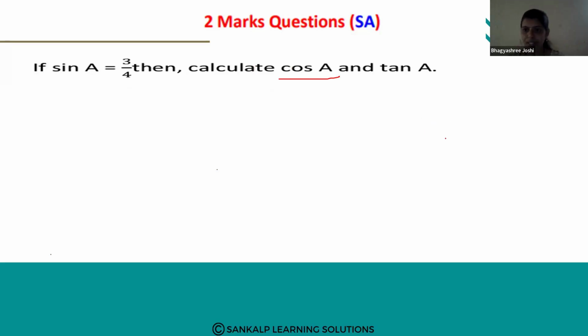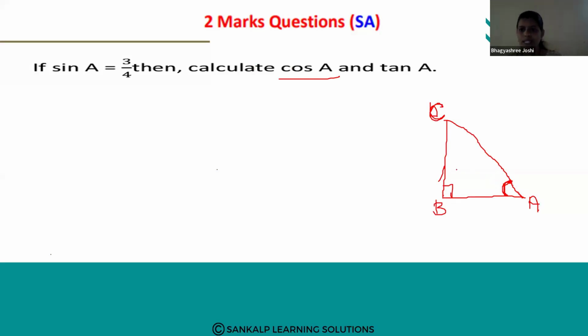So sin A is equal to 3 by 4. So draw one right angle triangle A, B, C. Here the right angle is 90 degrees at B, and angle theta is at A. So sin A is equal to 3 by 4.